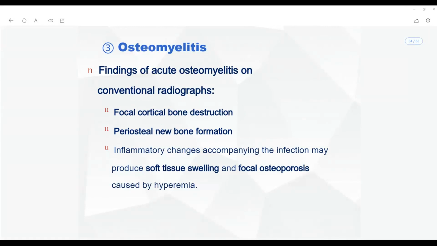Before, I told you what a periosteal reaction is, right? Now see here, it is a particularly characteristic feature called the periosteal reaction. I think you always have to learn about this one for sure. Let me show the periosteal reaction.